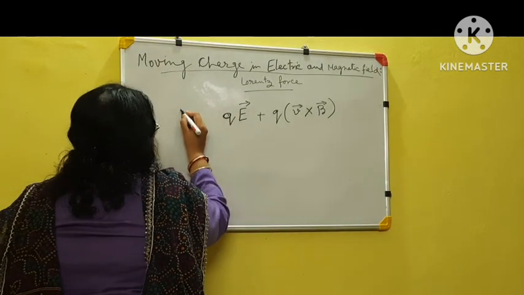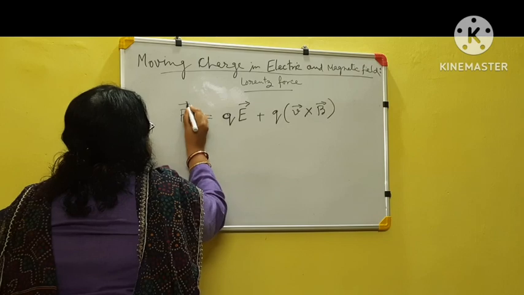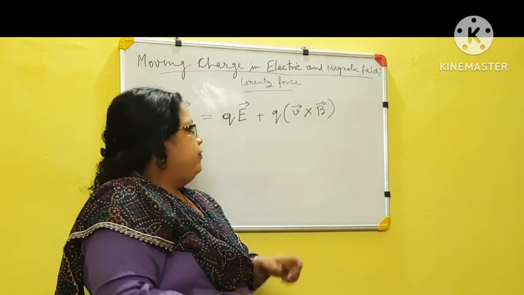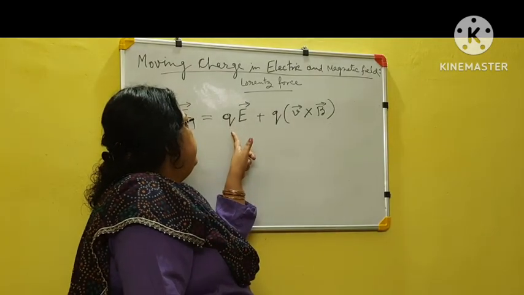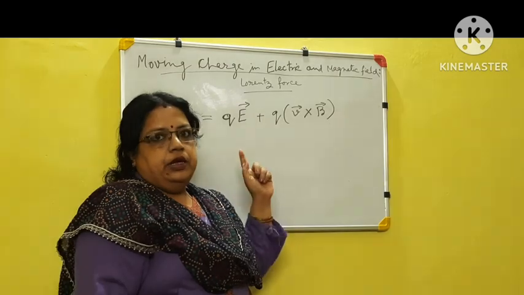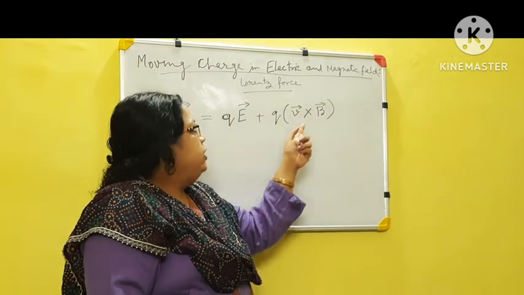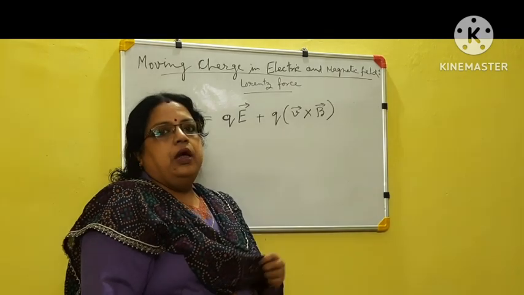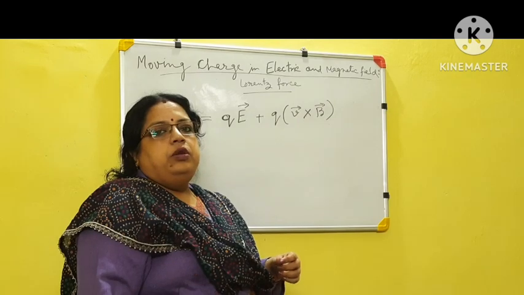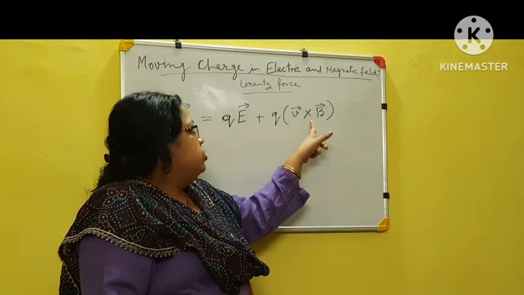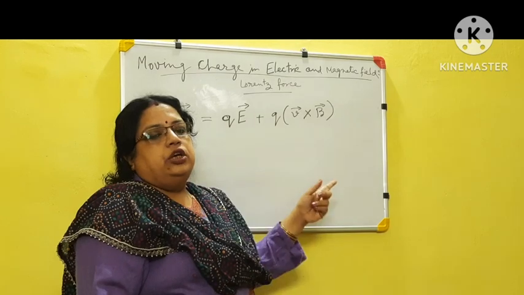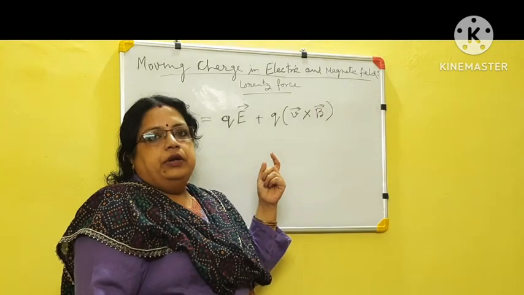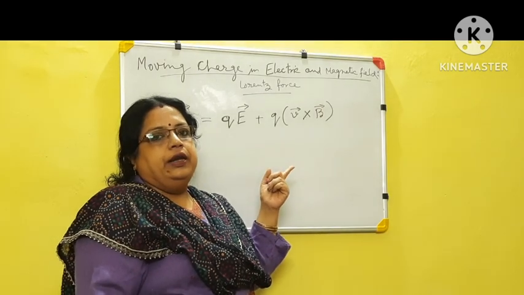So the total force experienced by the point charged particle in electric and magnetic field will be equal to QE plus Q into V cross B. QE will be in the direction of the electric field, and the force due to the magnetic field, since it is a cross product, will be in the direction perpendicular to both V and B, both perpendicular to velocity and magnetic field.